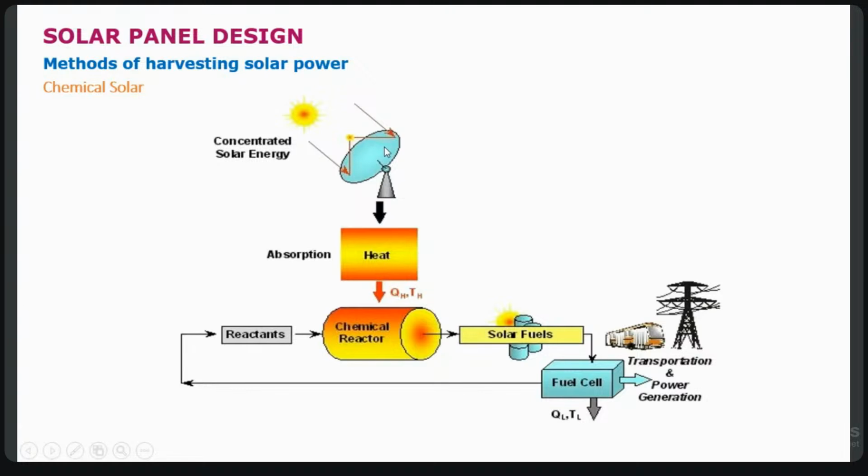From this, heat will be transferred to the chemical reactor, and it will react based on the heat available in the chamber. This reaction will produce solar fuel, here the hydrogen fuel. This fuel will feed to the fuel cell stack, and the cell stack converts the hydrogen energy into electrical energy. So this is another method of harvesting solar power.